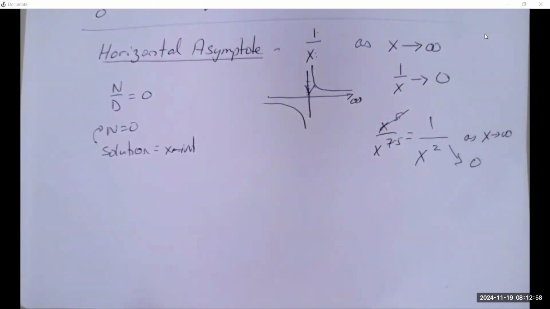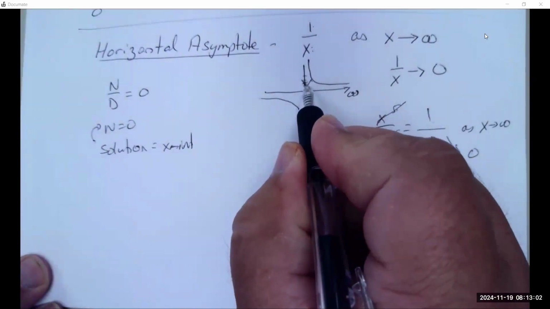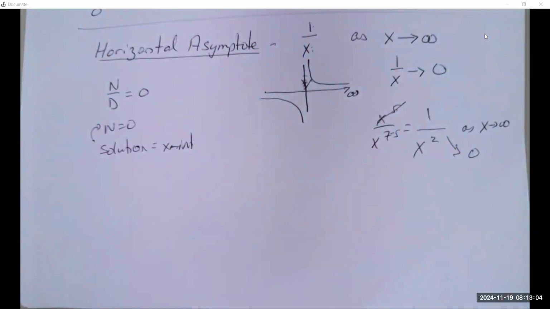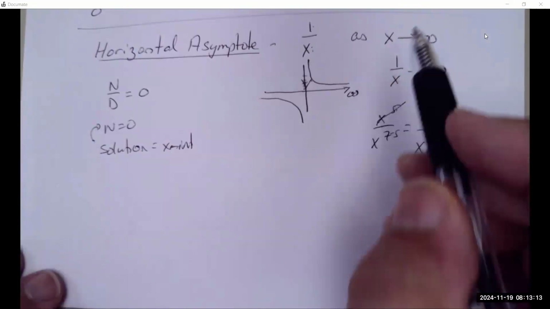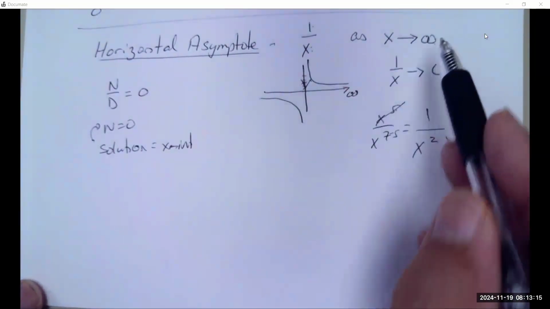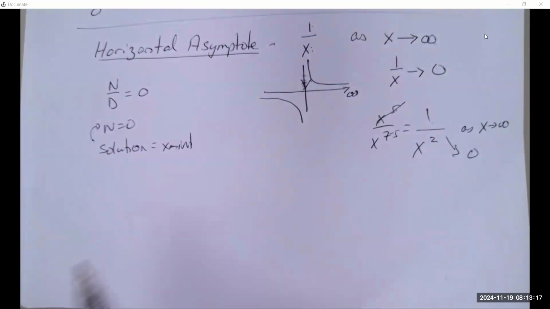What's happening to the number? It's getting smaller and smaller, getting close to 0. Does it ever equal 0? No, but it approaches it. So instead of saying it equals 0, we say it approaches 0, and that's our value. Whenever you have more x's on the bottom, it goes to 0.